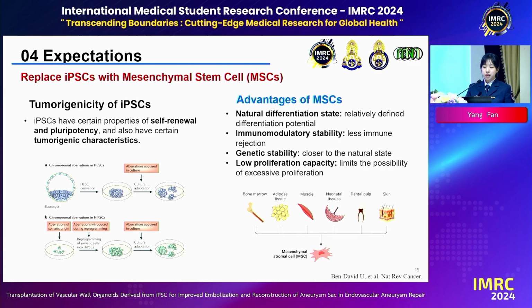In addition, we also consider using mesenchymal stem cells to replace the iPSC, because it is reported that iPSCs may have certain properties of self-renewal and pluripotency, and also some tumorigenic characteristics, while MSCs have limited differentiation potential and lack extensive pluripotency, reducing their tumorigenic risk.